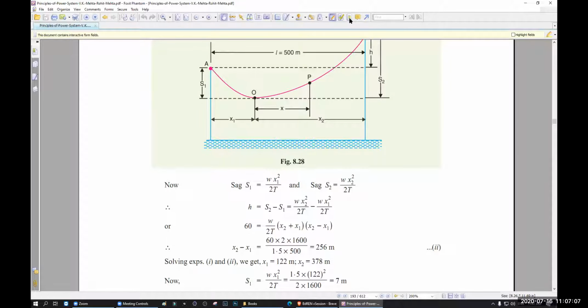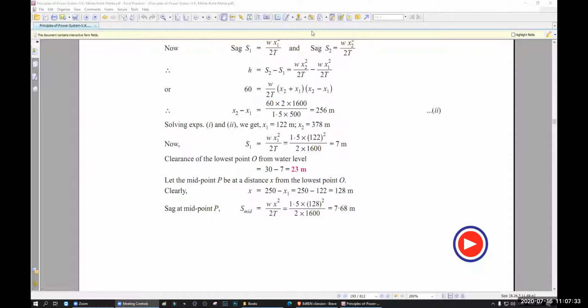If this sag is 7 meter and the whole tower is 30 meter, what is the clearance at the lowest point? Because this is the lowest point, right? What is the clearance? 23, sir. 23. Exactly. The clearance at the lowest point is 23. See that you got it.